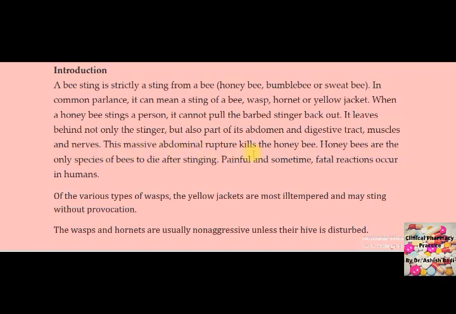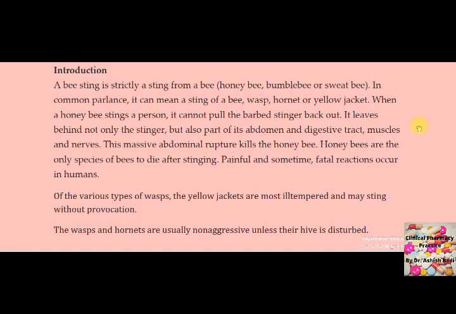This massive abdominal rupture kills the honeybee, and honeybees are the only species of bees to die after stinging. There are very huge chances that the honeybee will die after stinging, because the stinger detaches. The problem is that a painful and sometimes fatal reaction also occurs in humans, from various types of wasps.